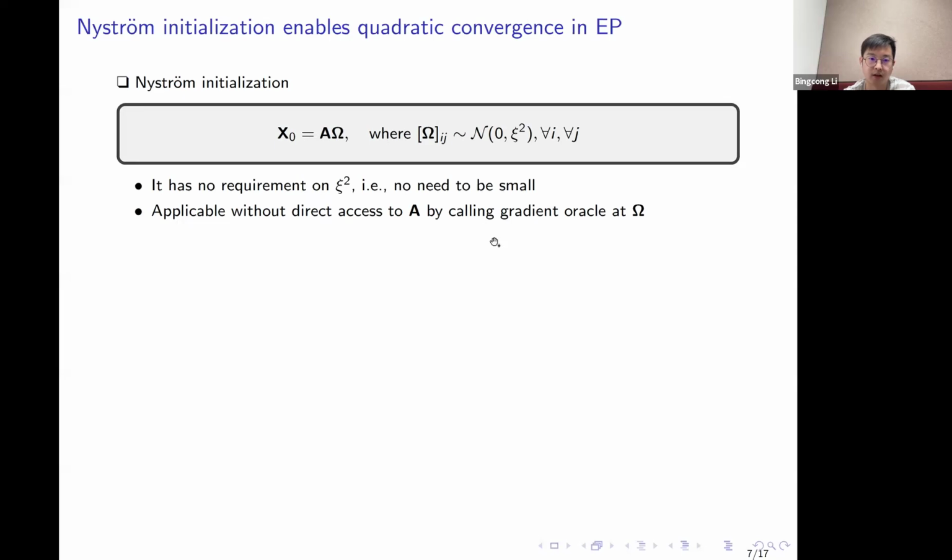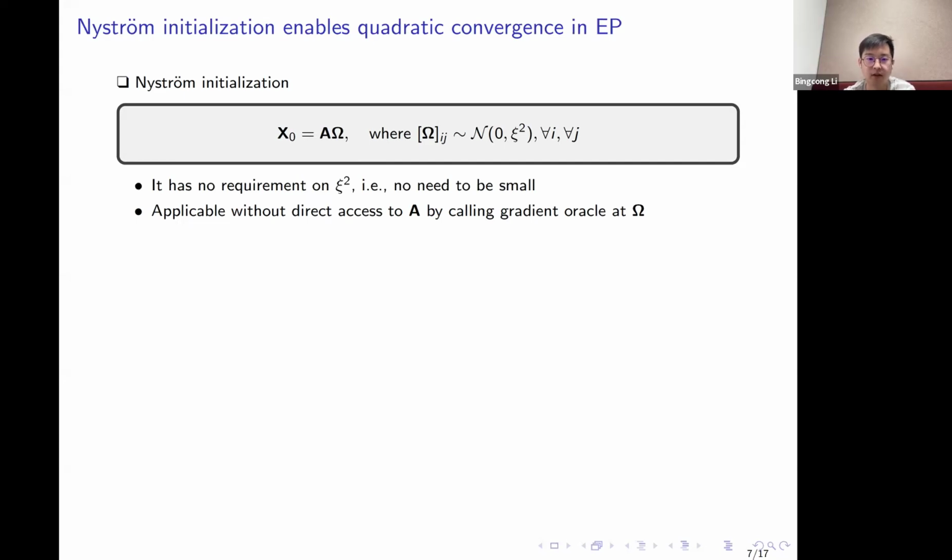Interestingly, because omega is a Gaussian random matrix, its standard deviation does not really matter for convergence. It can be super large, it can also be super small. As long as it's not 0, it's fine.